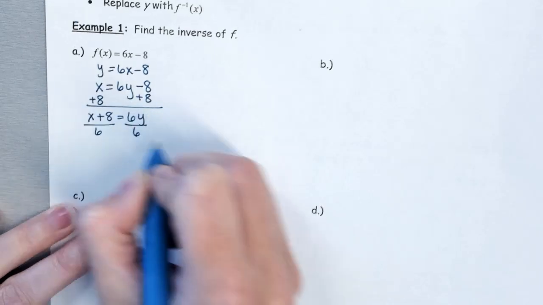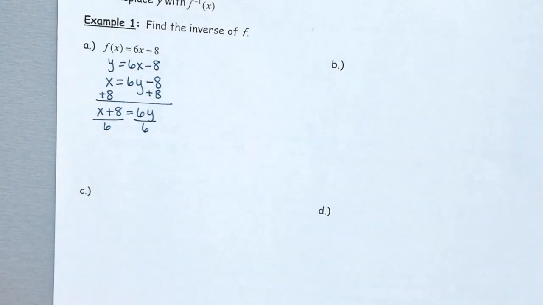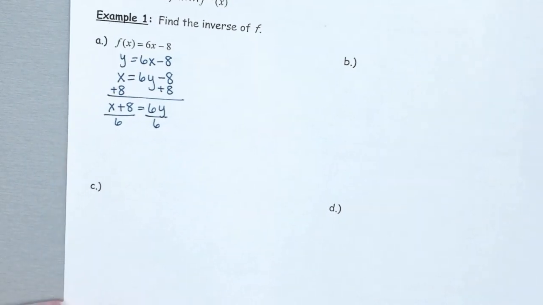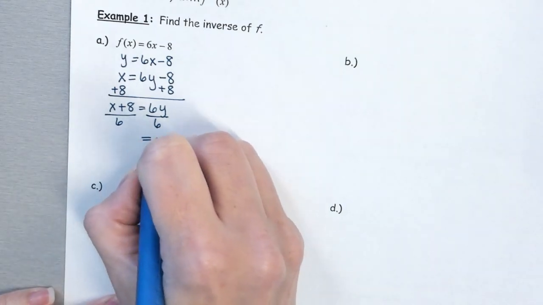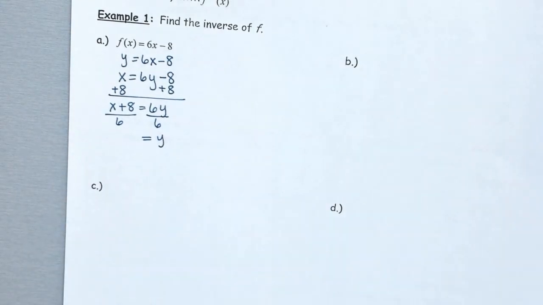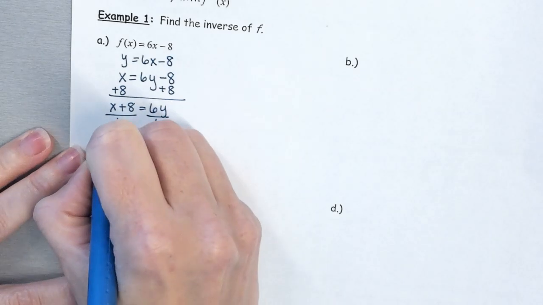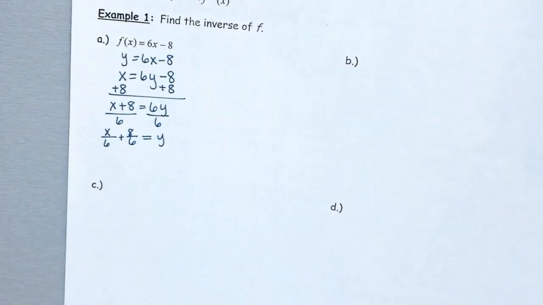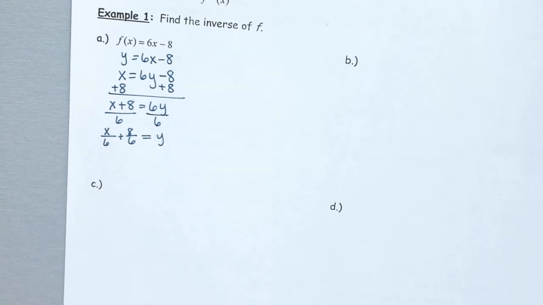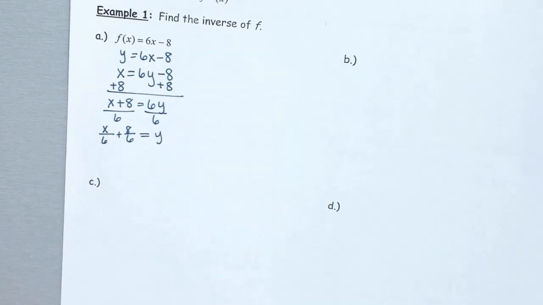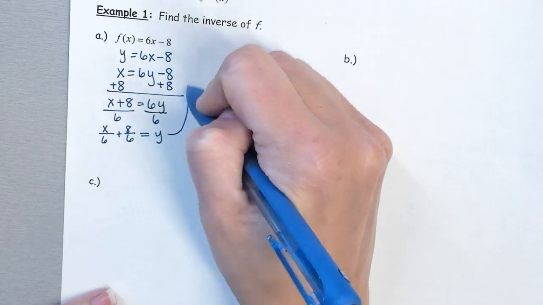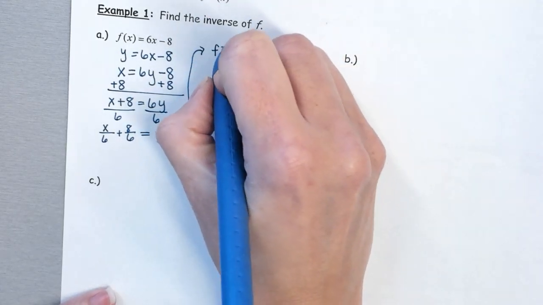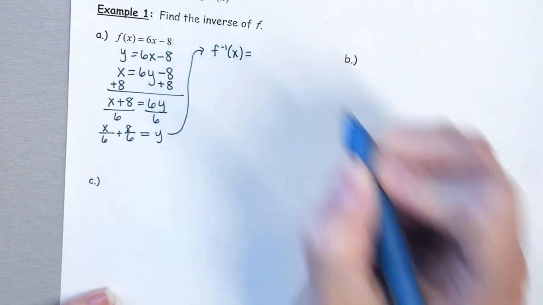Now this is a linear function. Anytime you have a linear function, it needs to be in the form y equals mx plus b. So as you're dividing each one by 6, we're going to have to reduce. And if you have that in slope-intercept form, what we're going to do is we're going to simplify. So we want it to be inverse notation.